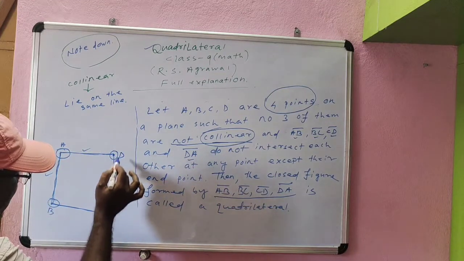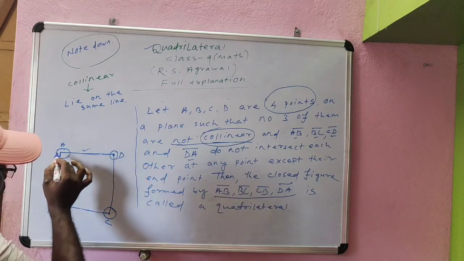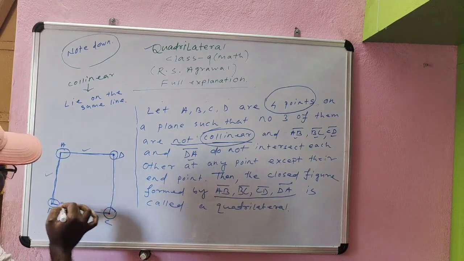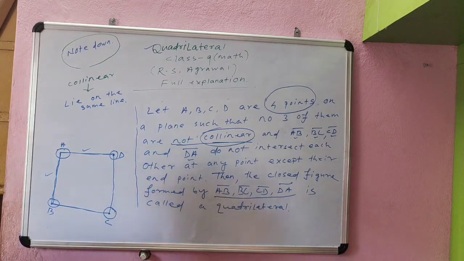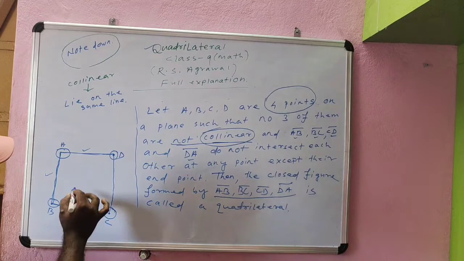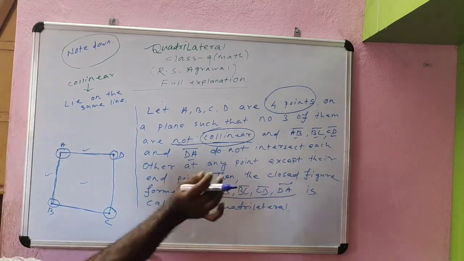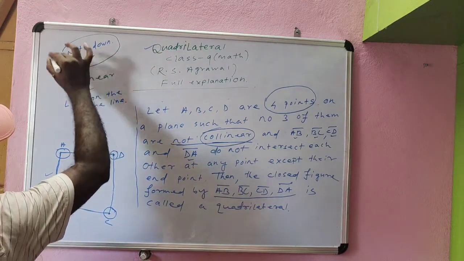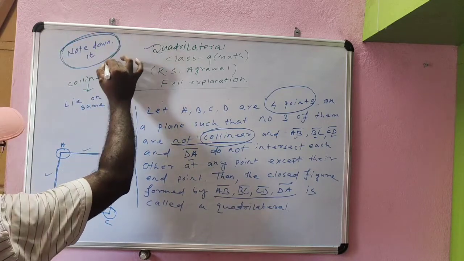We can call it a quadrilateral because it is formed by AB line segment, BC line segment, CD line segment and AD line segment. This is the actual definition of a quadrilateral. So note it down, or you can take a screenshot.